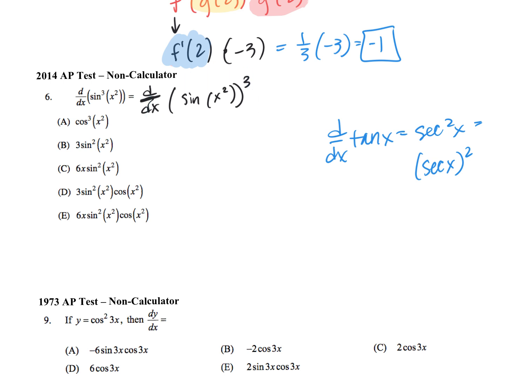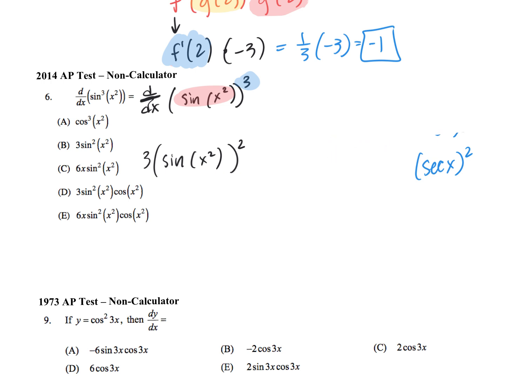The derivative of the outermost, something to the third, would become 3 something to the second. What do we do with that inner? You always leave it. So we've got sine of x squared in the middle. We just took the derivative of the outer. That is one derivative. We left everything else. Guess what we got to do next?